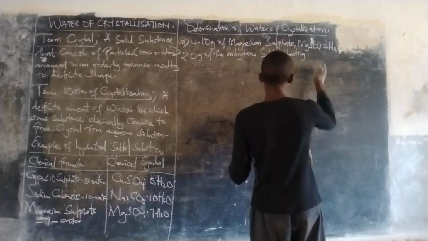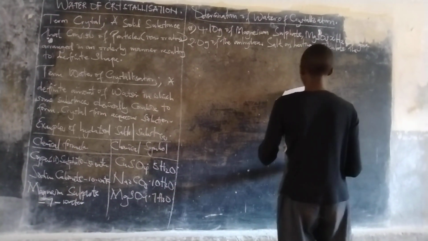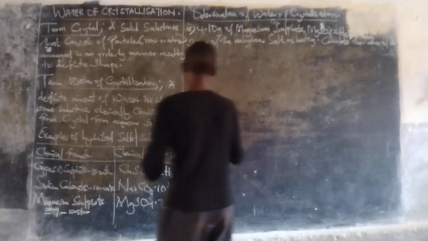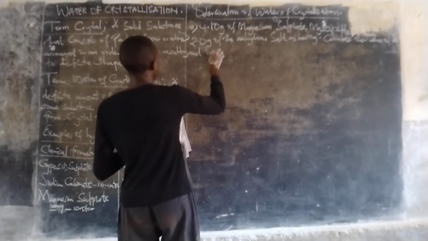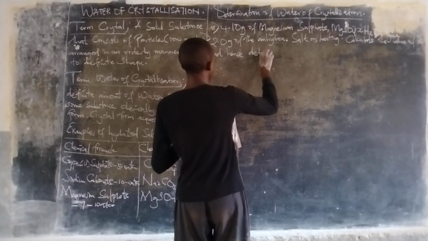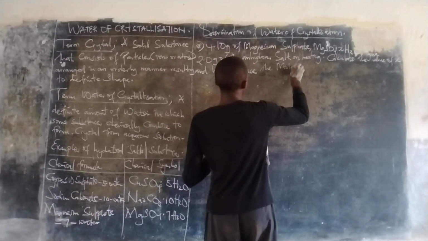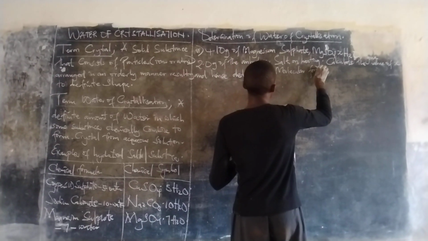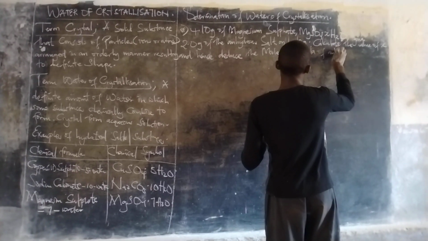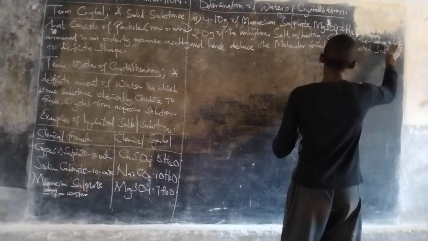Then they are telling us to calculate the value of x, and hence deduce the molecular formula of the hydrated salt.